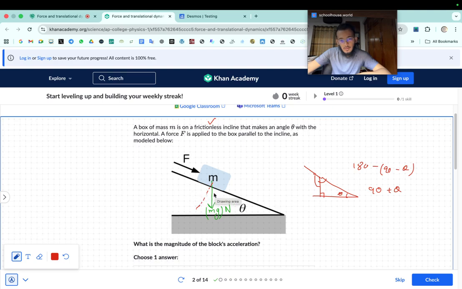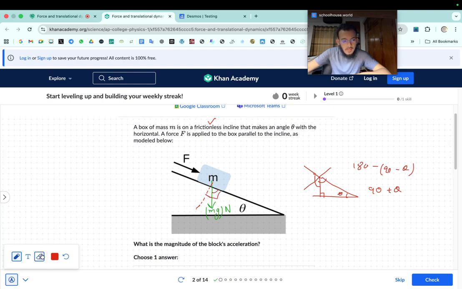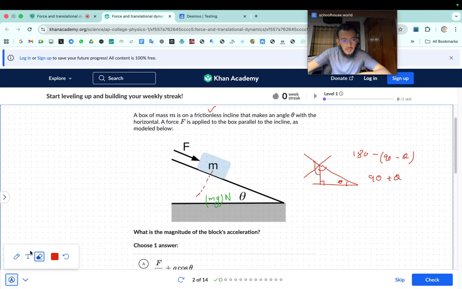Okay, so if this is the 90 minus theta, this entire thing is also 90, right? So we could say that if this is theta, then this angle here that the weight of this block makes with the vertical axis, the perpendicular axis of this plane, is also theta.